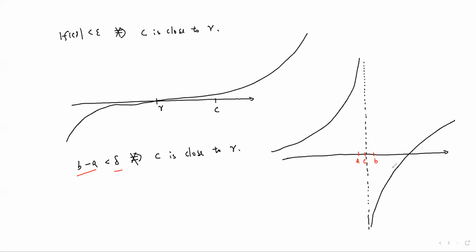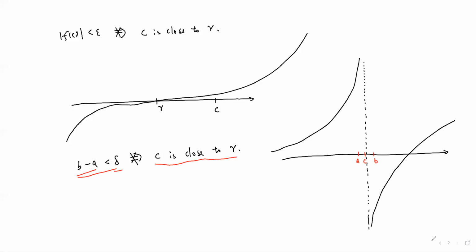In fact, this function has no root. So this criterion also doesn't guarantee that the midpoint is close to R. But in computation, I can say that this method is perfect.